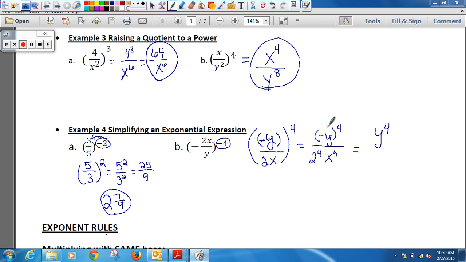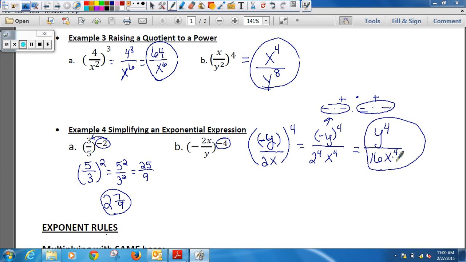If you're not sure why, it's because of this: these two negatives go together to make a positive, these two go together to make a positive, and a positive times a positive is a positive. In the denominator, 2 to the 4th is 16. X to the 4th doesn't simplify. Here's my final answer. I can't go any further because these do not have the same base.